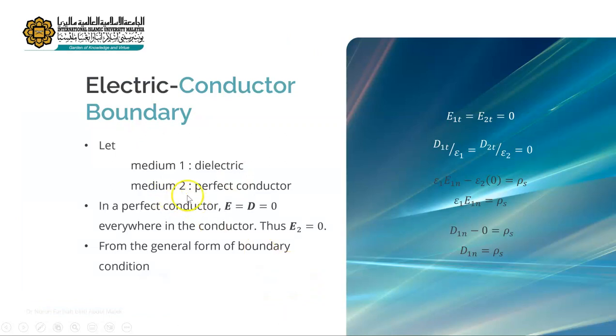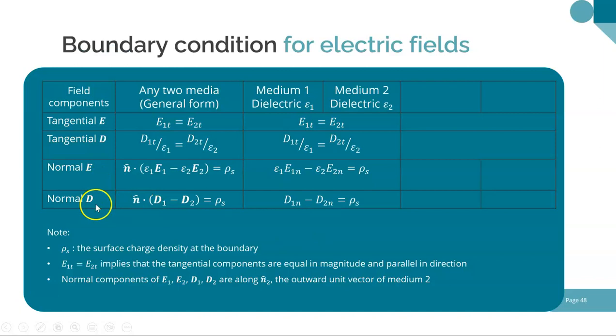Since your medium 2 is a perfect conductor, your E2 is equal to 0. So how do you find out your normal E and normal D now? E2 and D2 would be equal to 0, so you just have to cross those two. And this would leave you with permittivity 1, E1N is equal to rho S. And for normal D, you have D1N is equal to rho S.